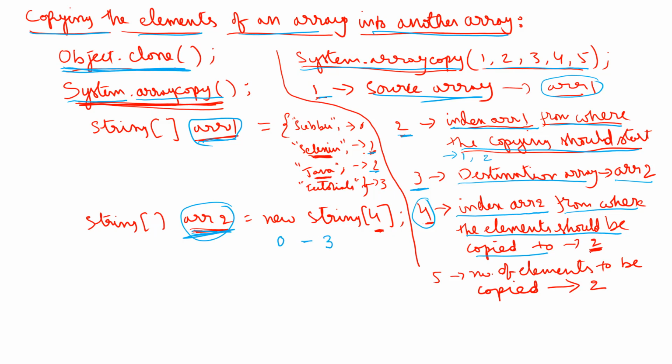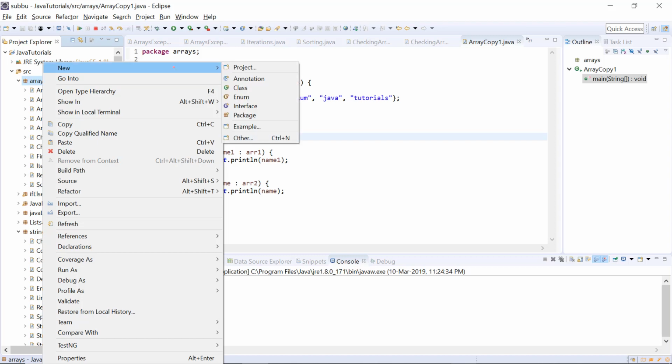So in that case, the index will become 2. The fifth argument is the number of elements to be copied. Let's say I want to copy only Selenium and Java. Then I can mention that the number of elements to be copied is 2. So this is how the System.arraycopy method works. Let's see an example for this one. I am creating a new class here.